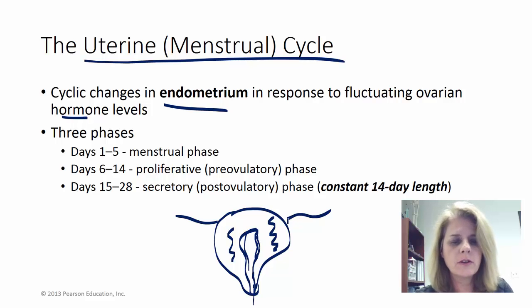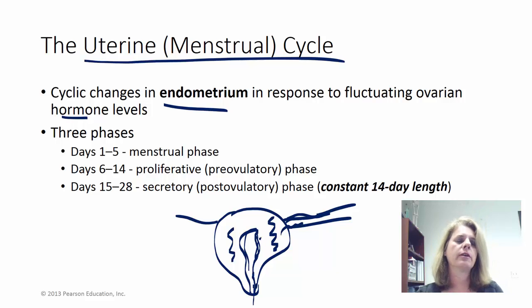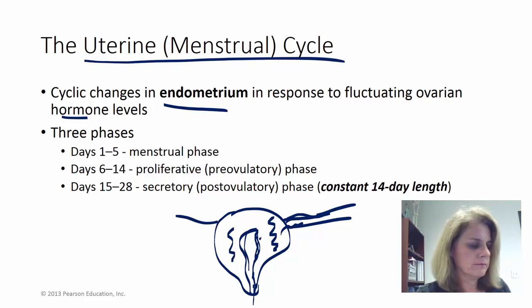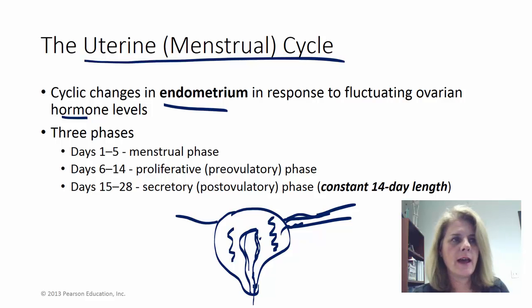The endometrium is continuous with the uterine tubes. So there's endometrial tissue inside the uterus and all the way out into the fallopian or uterine tubes. Endometriosis is an abnormal growth of that tissue, and we'll talk a little bit about that when we do the labs.